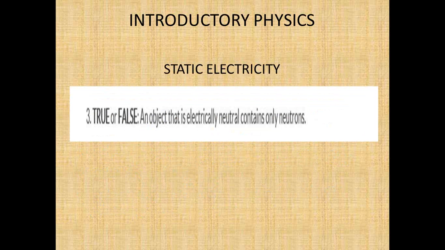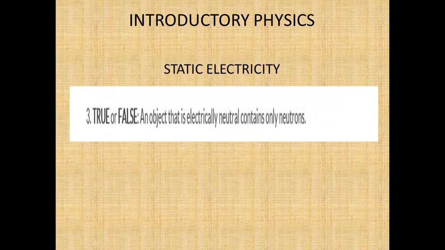Okay. All right. So true or false? An object that is electrically neutral contains only neutrons. Remember, neutrons are neutrally charged, but in the nucleus you're going to have protons and neutrons. If it's electrically neutral, that means the number of electrons is equal to the number of protons.